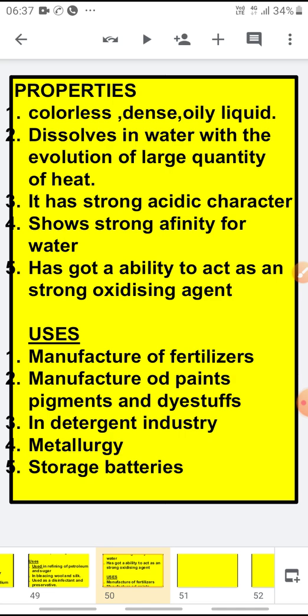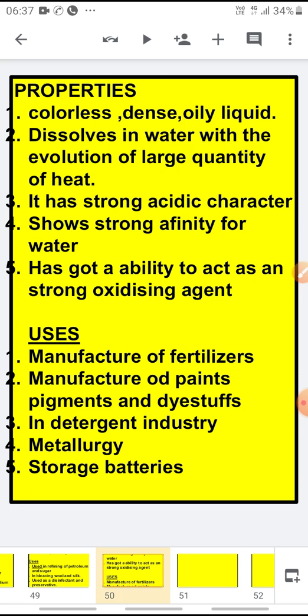Children, sulfuric acid is manufactured by the contact process in 3 steps. In the first step, sulfur or any sulfide ore is burnt in air to get sulfur dioxide.